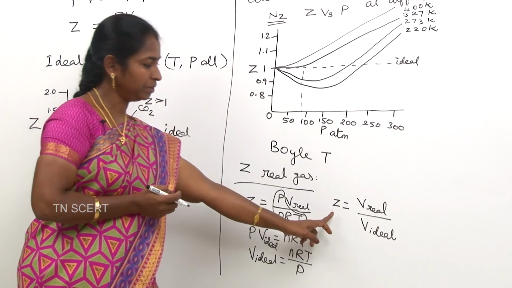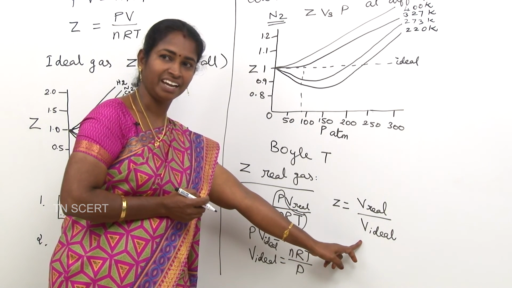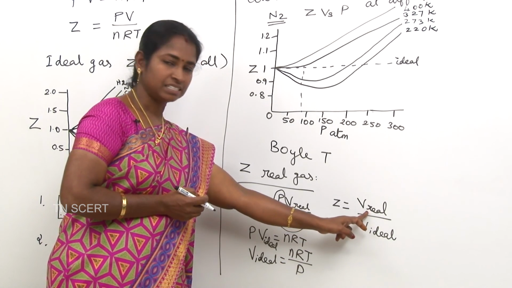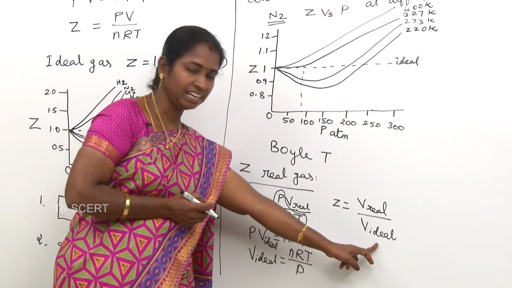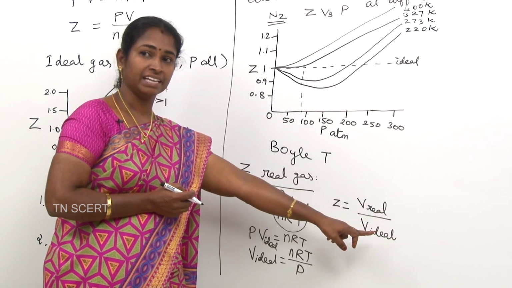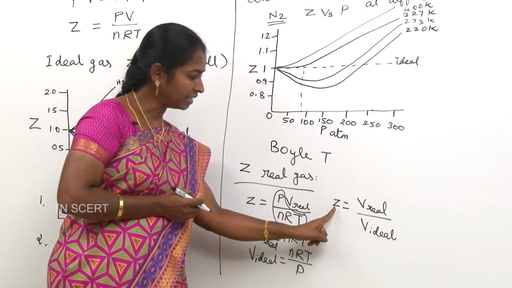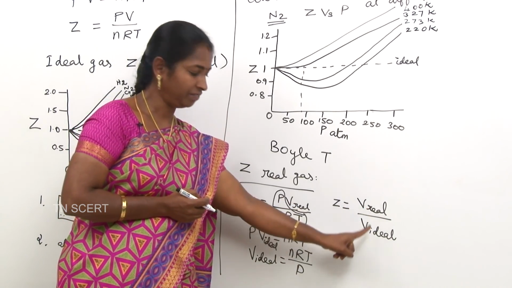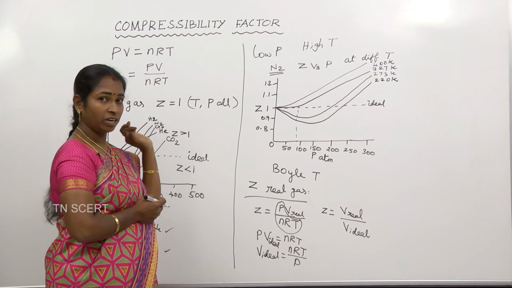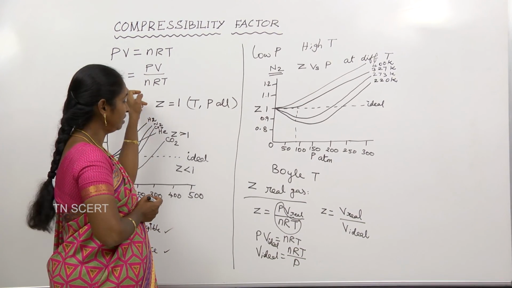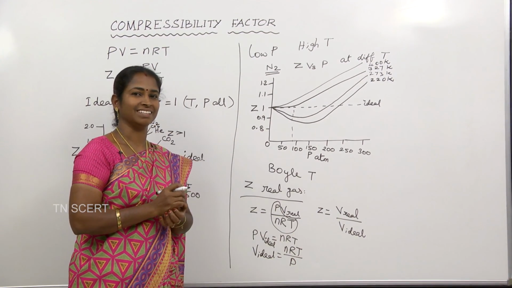So, the compressibility factor Z is equal to V real by V ideal. V real is the molar volume of the real gas, whereas V ideal is the molar volume of the gas when it behaves ideally. So, by knowing the equations Z equals V real by V ideal, and similarly Z equals PV by nRT, for real and ideal gases, you can calculate the compressibility factor of any gas. Okay.